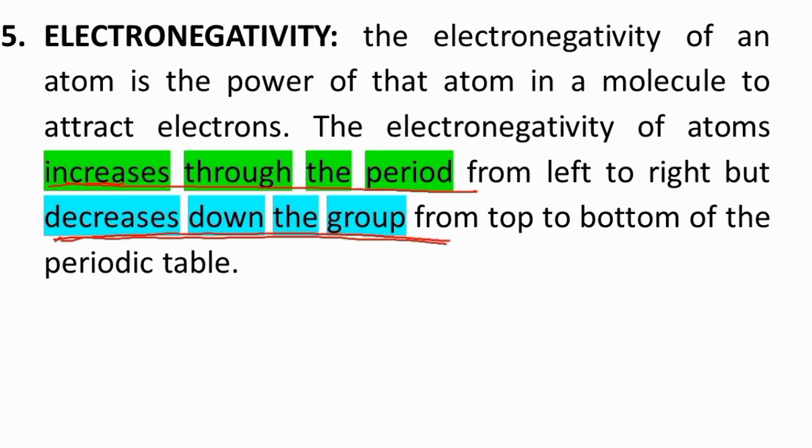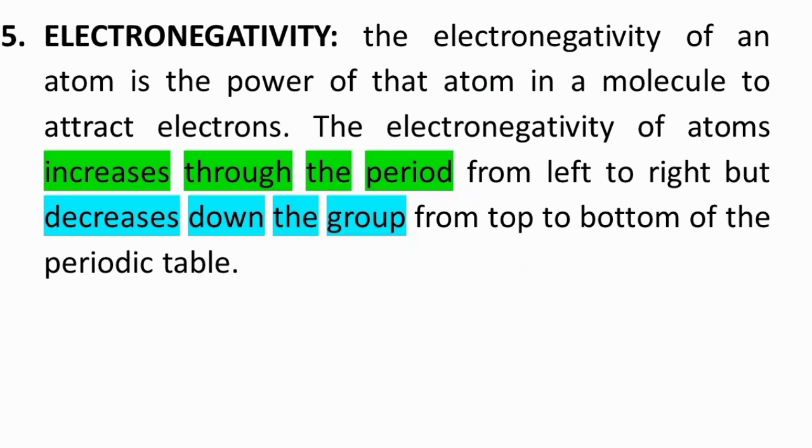I say again: electronegativity increases through the period from left to right, but decreases down the group, just like ionization energy and electroaffinity. So take note of that. Then, of course, let's continue.